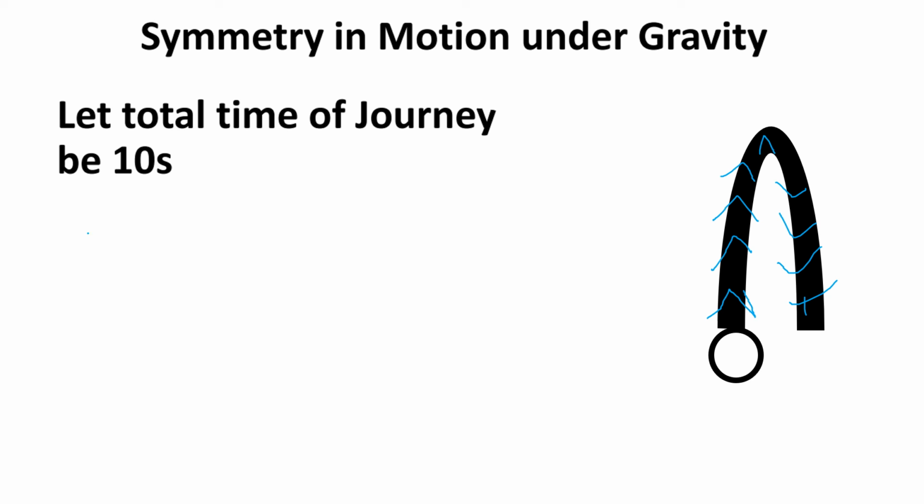So the first second is equal to the 10th second. Remember this, it is a symmetrical motion. Second will be equal to the 9th, third will be equal to the 8th, and so on. So this is the symmetry in motion under gravity.